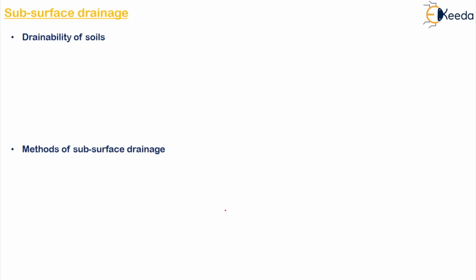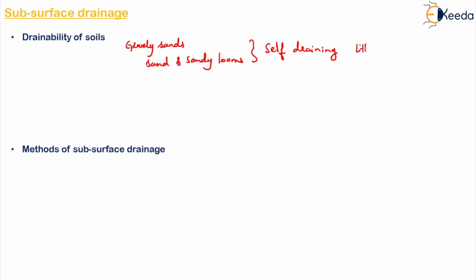Next is the drainability of soil. Some types of soil, like gravelly sand or sand and sandy loams, are usually self-draining, so we will require a very small amount of subsurface drainage in these cases, right?